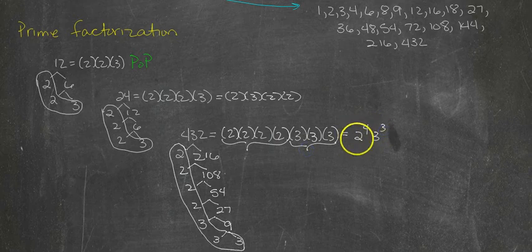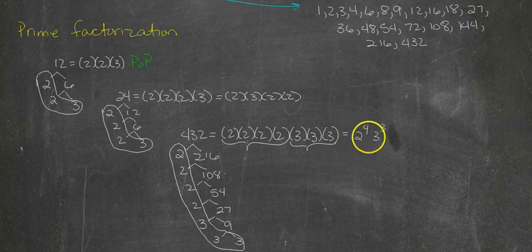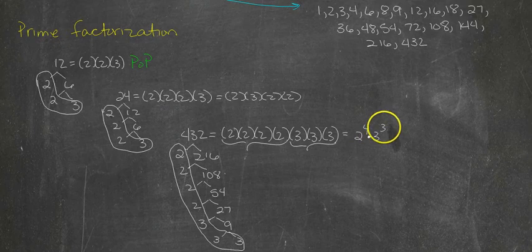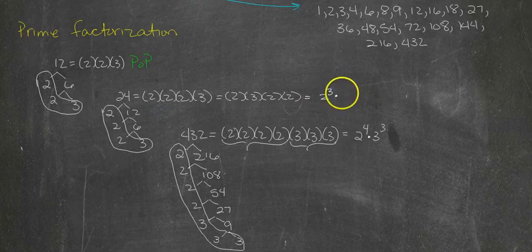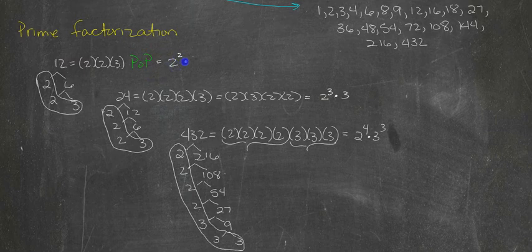So this says to multiply 2 by itself 4 times: 2 times 2 times 2 times 2, times multiply 3 by itself 3 times: 3 times 3 times 3. Up here for 24, the prime factorization is 2 cubed times 3. And for 12, the PoP, the prime factorization, is 2 squared times 3.